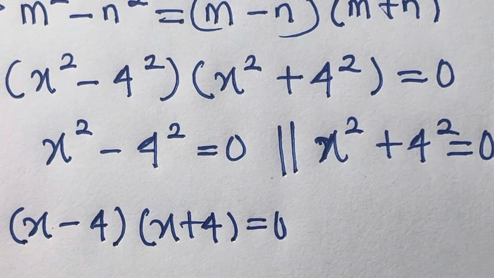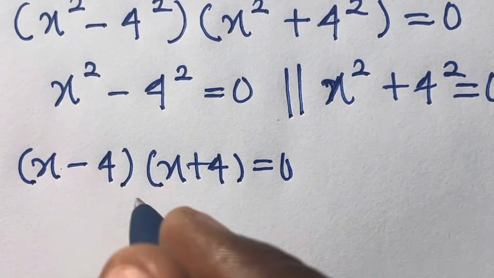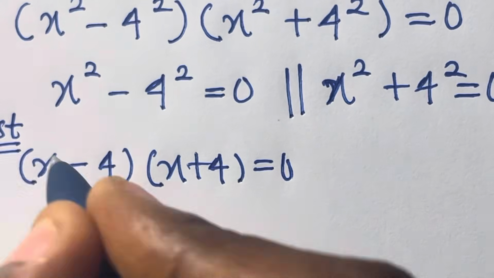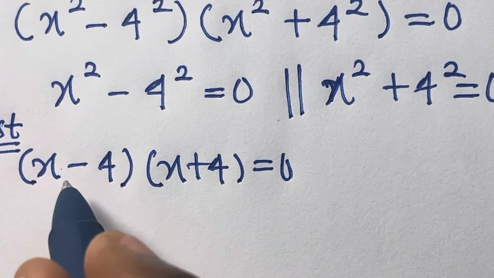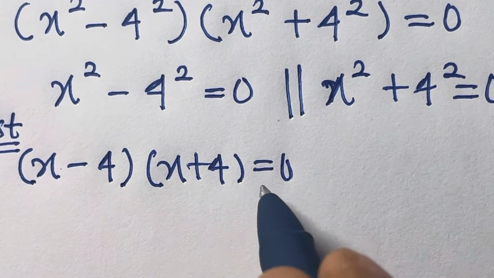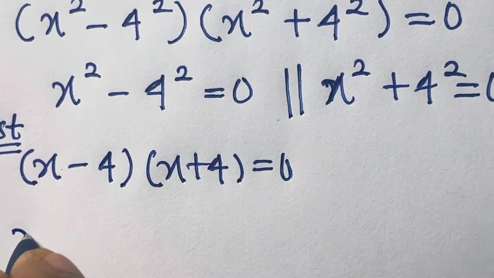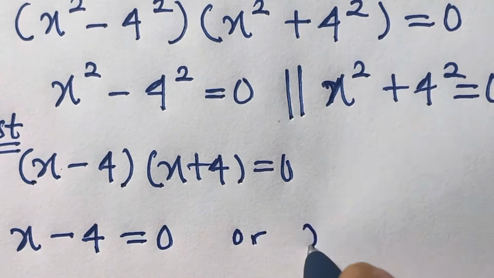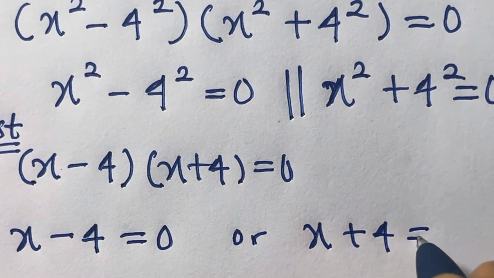Let's first deal with this. Let's say this is the first case. What this means is this equals 0 and this equals 0. So we have x minus 4 equals 0, or x plus 4 equals 0.